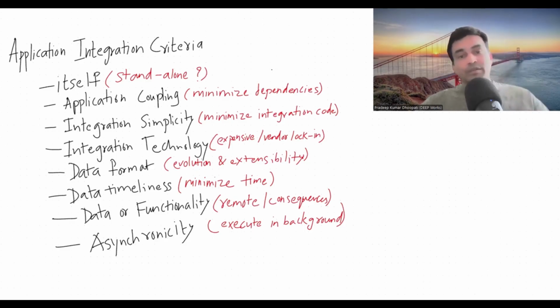So what makes for a good application integration? If the integration needs were always the same, then there would be only one integration style. But like any complex technological effort, application integration involves a range of considerations and consequences that should be taken into account for any integration opportunity. So what are the application integration criteria? The first criterion is application integration itself.